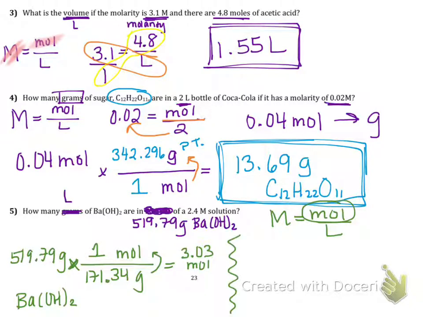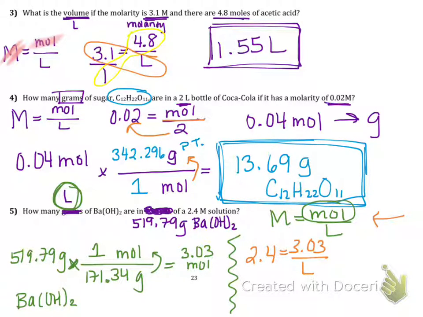Okay, so that was part 1, but we don't want to know moles. We want to know liters. That's our final answer here. So now we are going to use this equation right here to figure it out. Okay, so we have molarity. It was 2.4 equals 3.03 moles over liters.